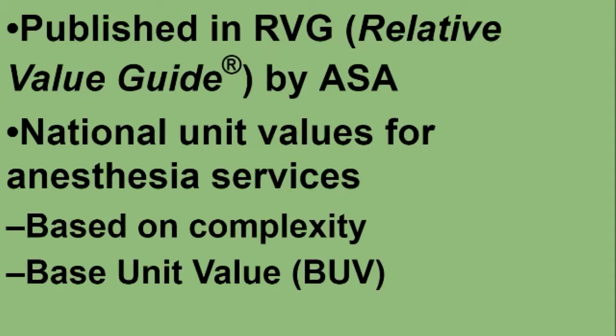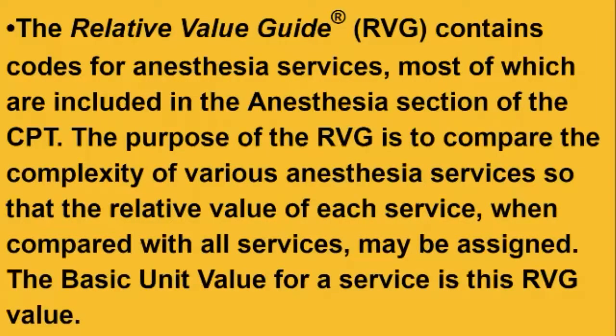So here you're going to find national unit values for anesthesia services. It's based on complexity, and base unit value will often be referred to as the BUV. The Relative Value Guide, the RVG, contains codes for anesthesia services, most of which are included in the anesthesia section of the CPT.